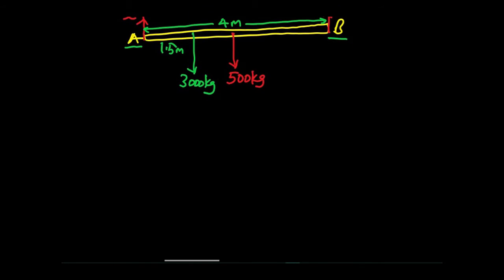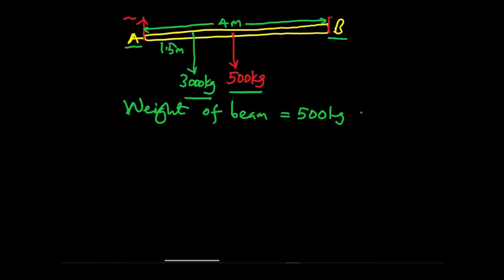So first of all, we have to change the masses into weight. So first, the weight of the beam. Weight of beam will be equal to 500 kg times 10 Newton per kilogram.